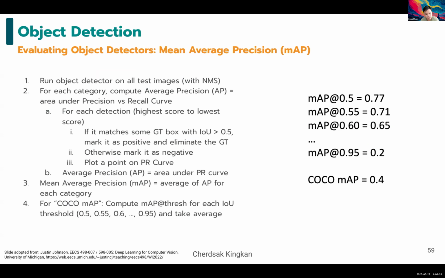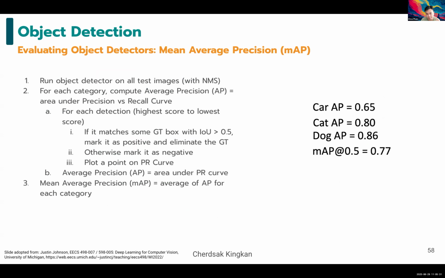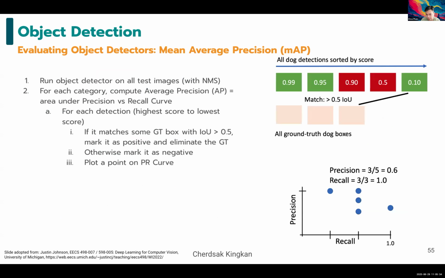Let me think again. So most likely we calculate the precision and recall based on the ground truth. We have only 3 boxes right here, and we have our model detection above with 5 results. So we are going to calculate the precision and the recall.